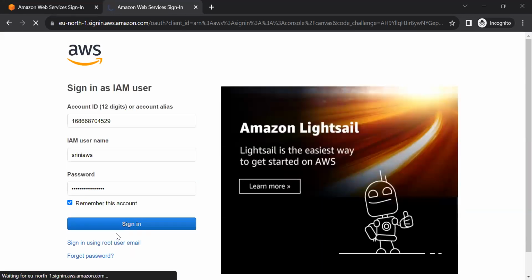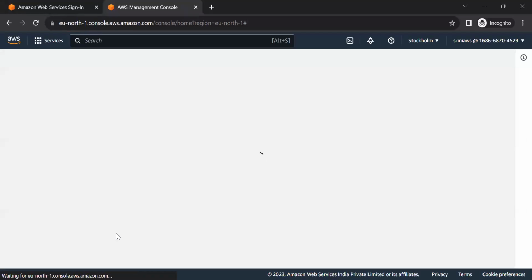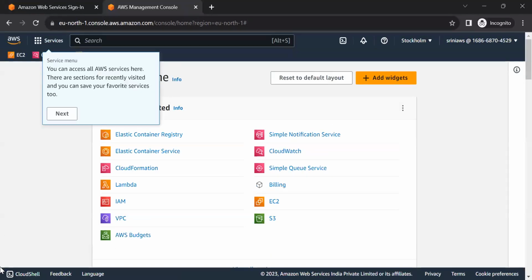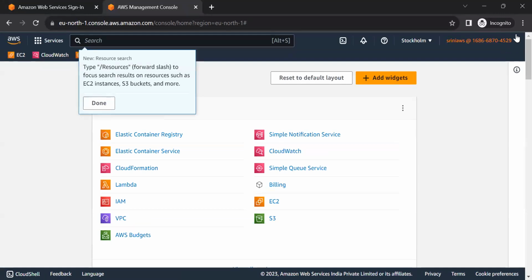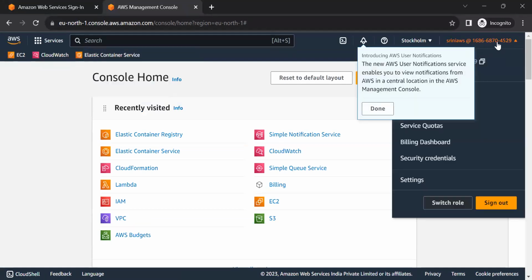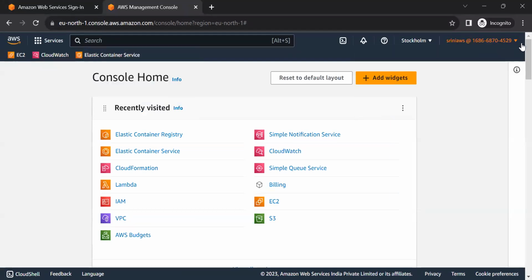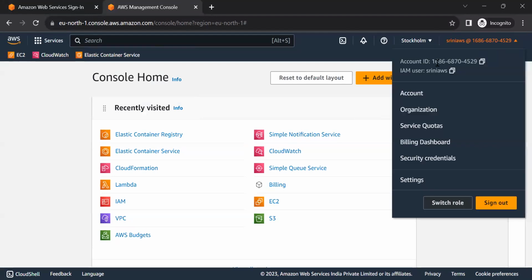Okay, now I'm able to log into this. See here, there is an organization or an account which is this. Under this account, I'm one of the IAM users, so I am logged in here.